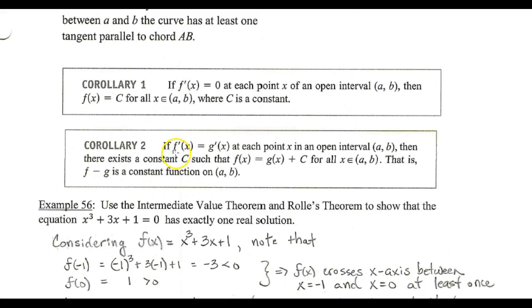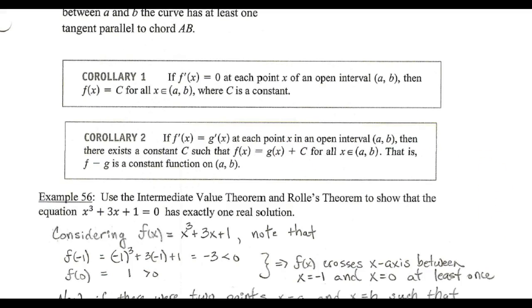And if I have f prime of x equal to g prime of x at each point in an open interval, then that means there is only a difference between the two functions of a constant. Because notice if I take the derivative here, f prime of x equals g prime of x plus the derivative of a constant, which is 0. So if the derivative of one function is equal to the derivative of the other function everywhere in an open interval, then the only way these two functions can be different is by a constant.